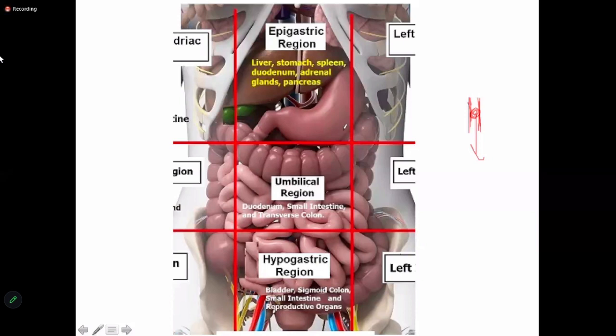So the other thing is, all these structures you can divide into 3, depending on the embryology. There are foregut structures, there are midgut structures, and there are hindgut structures.